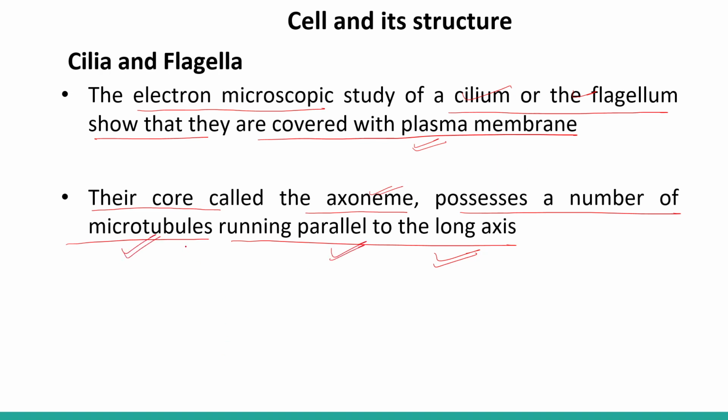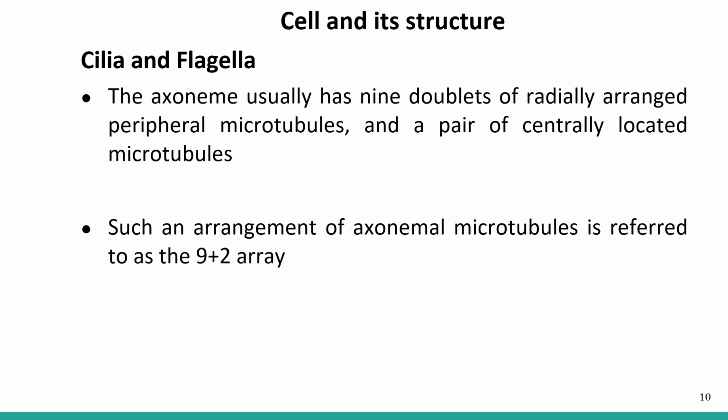So these microtubules are present all over inside the core structure in the form of axoneme. The axoneme usually has 9 doublets, and radially arranged peripheral microtubules.